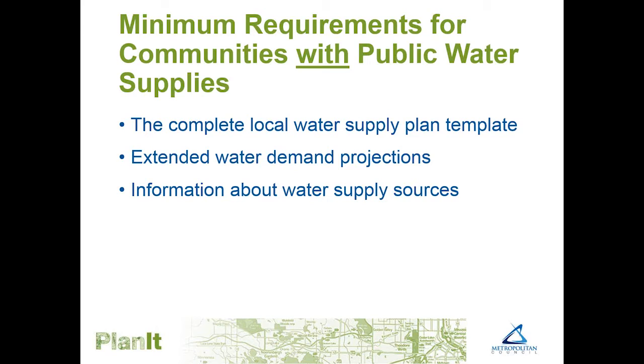And 3. Including information about water supply sources by incorporating water supply maps from your system statement or from your community page of the Local Planning Handbook. You may also provide information about plans to evaluate or implement wastewater or stormwater reuse. This type of information should be included in Tables 8, 10, and in Section 4D of the Local Water Supply Plan template.